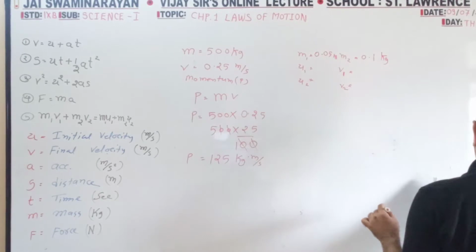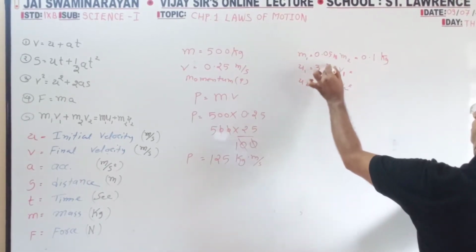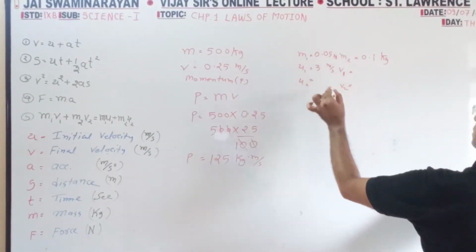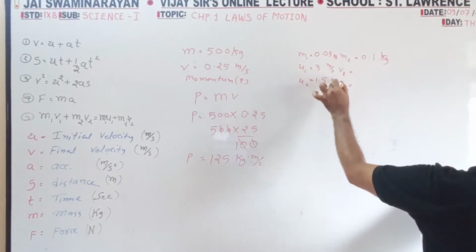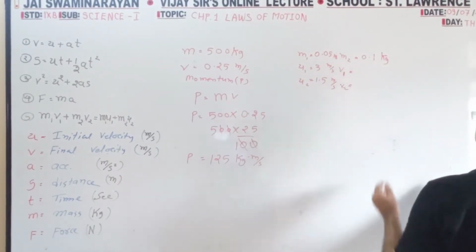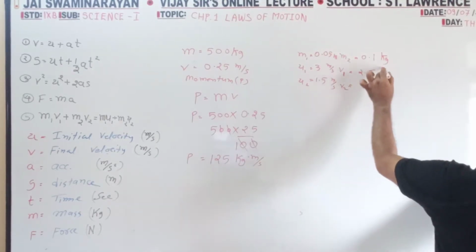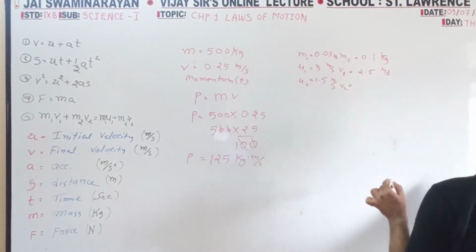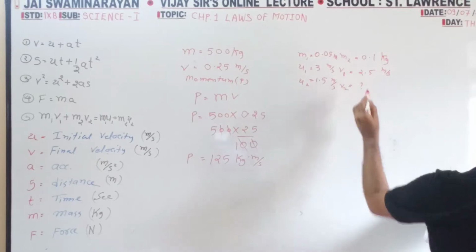Initial velocity 3 meter per second, 1.5 meter per second. V1 2.5 meter per second. V2 is the question.